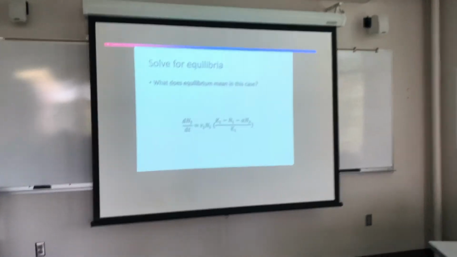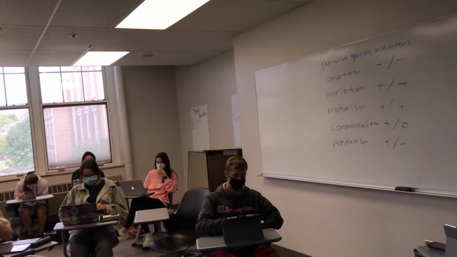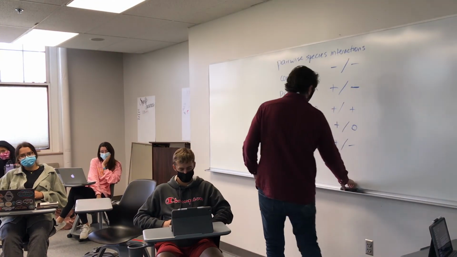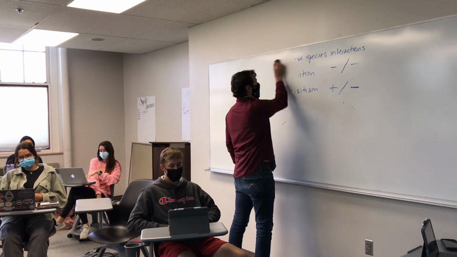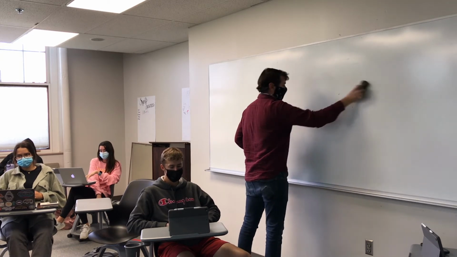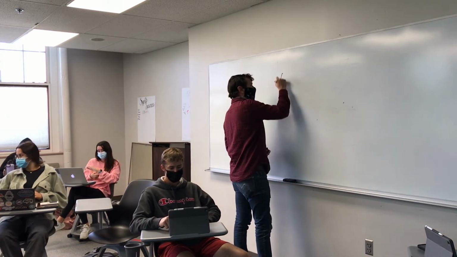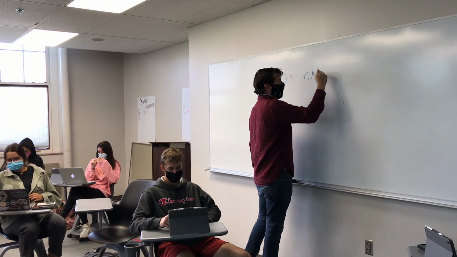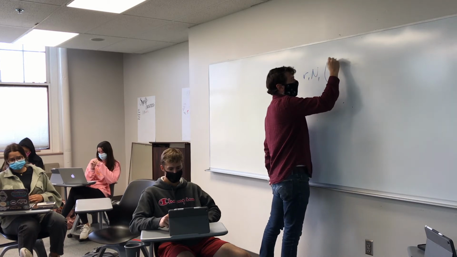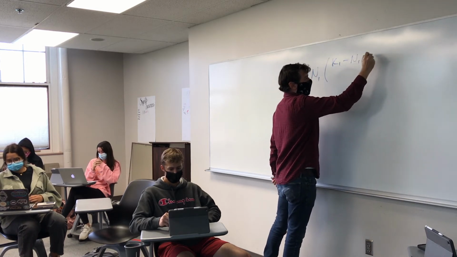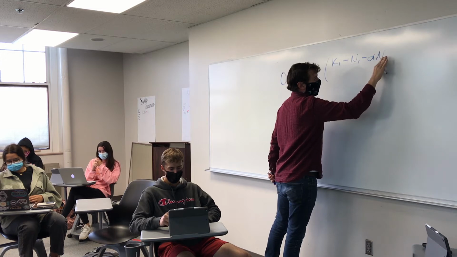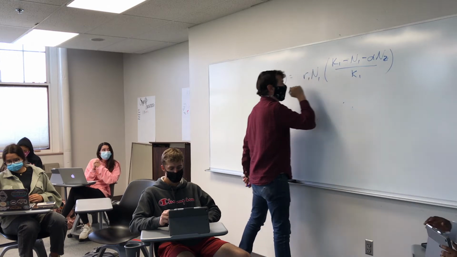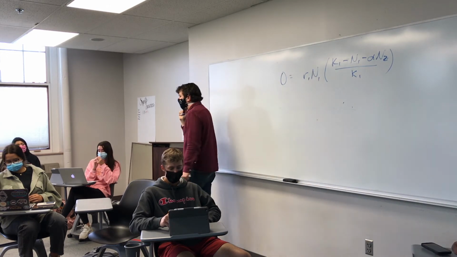I want you guys to take a moment and see if you can take a stab at solving for N2. And I'll write it up here to get you started.